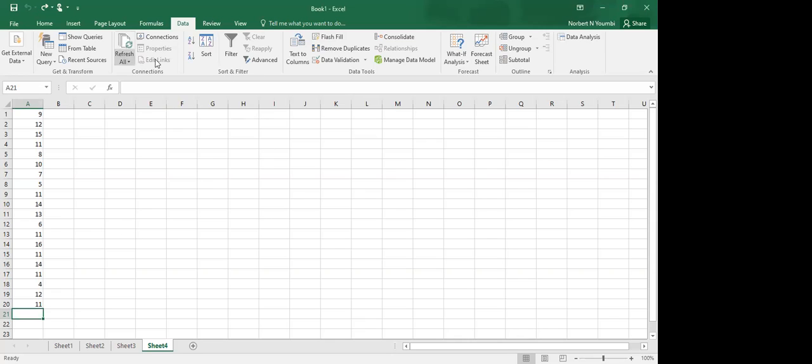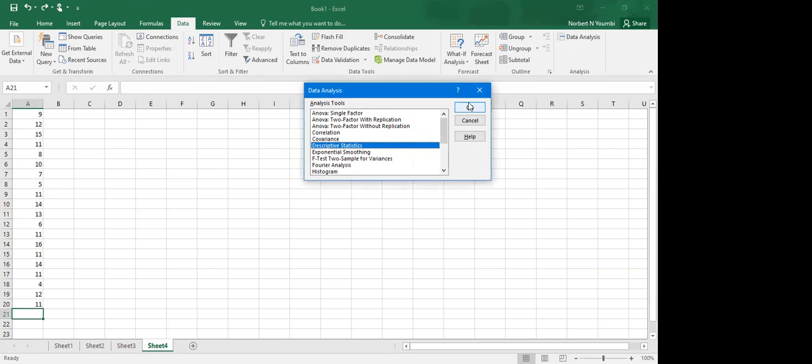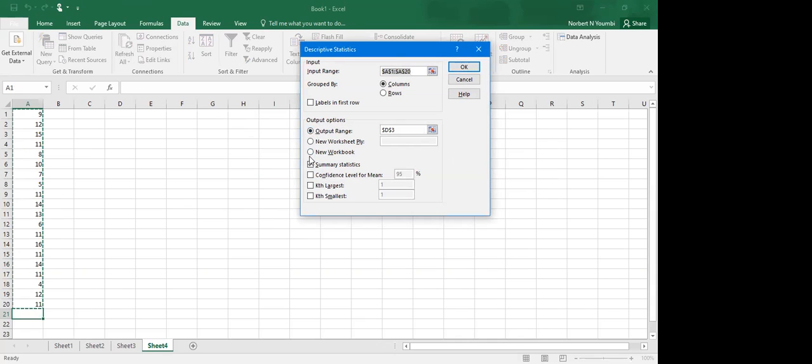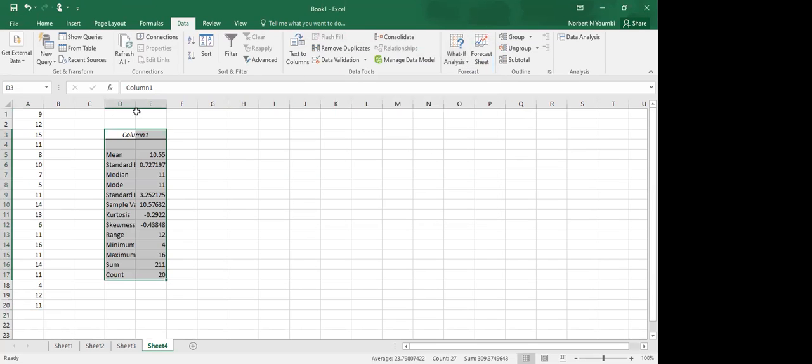I did the wrong thing, not completely wrong, but I like that the result should be on the side here. I went and clicked new workbook. That's why it went to a new workbook. So I like it here.